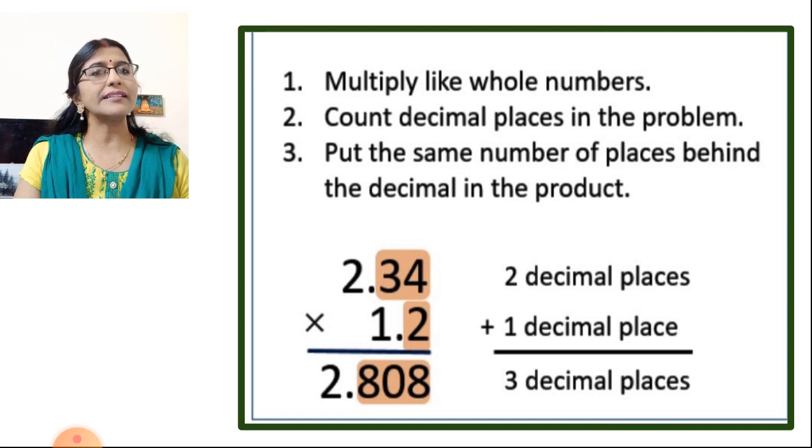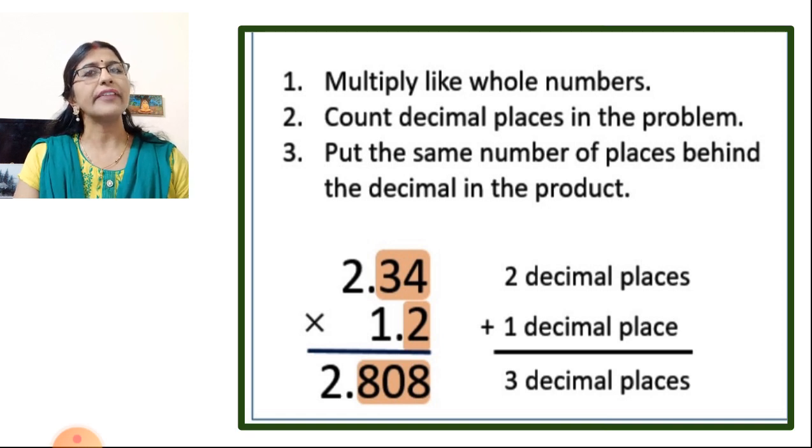Now we will see on the other side, you can see here it is highlighted. See, the first decimal number has two decimal places. So you can see 3 and 4 is highlighted. So we have written there on the right hand side two decimal places. Now the next decimal number 1.2 has only one decimal place. So there we have written one decimal place. Now both we have to add.